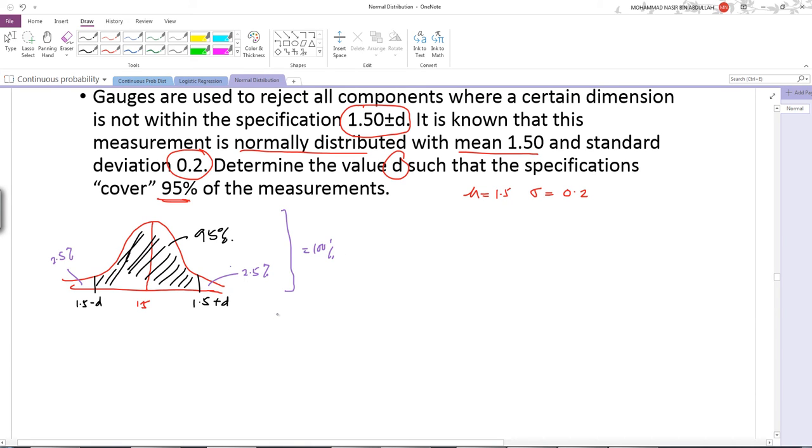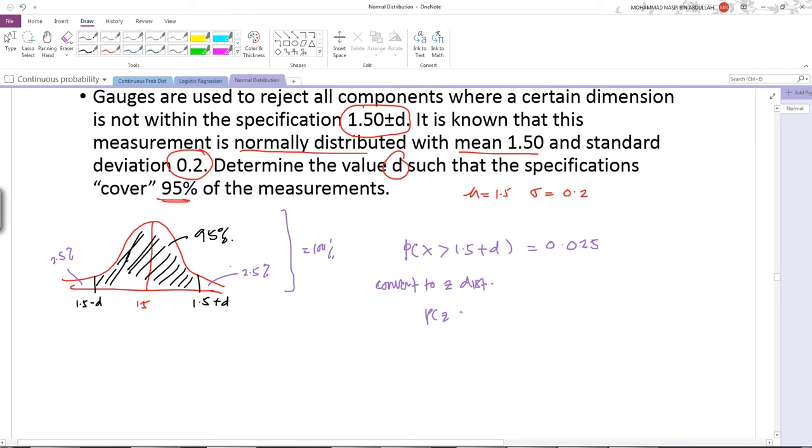Okay. So to find the value of d, now it becomes very simple. If you want to find the value of d, the probability of X more than 1.5 plus d is equal to 0.025. So we measure on the right hand side first. The left hand side we can leave for now. So now we convert to Z distribution.